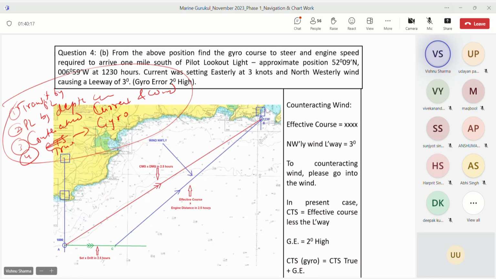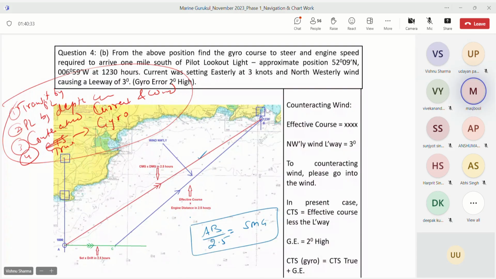Now I'm just telling extra. If somebody says, I want to make a 1 hour triangle, you will measure the distance AB along this red line, divide by 2.5, and this will become speed made good. Correct? From A, you will cut off the distance made good in 1 hour.